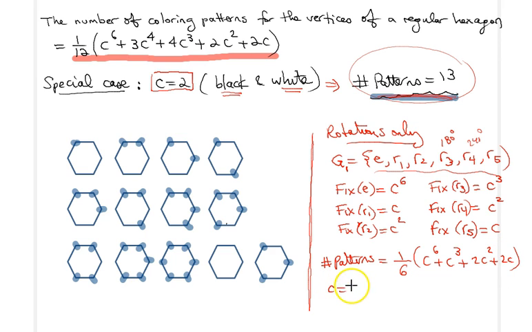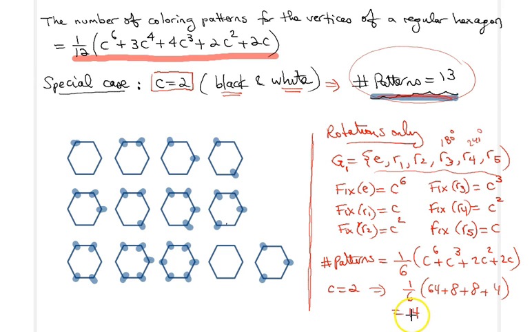In the case where c is equal to 2, this formula will yield a total of 1 over 6 times 64 plus 8 plus 2 times 4, 8 plus 4. So that would give me 16, 20, 84. 84 divided by 6 will be 16 if I'm not mistaken. So which gives us 14, I should say, sorry for that.